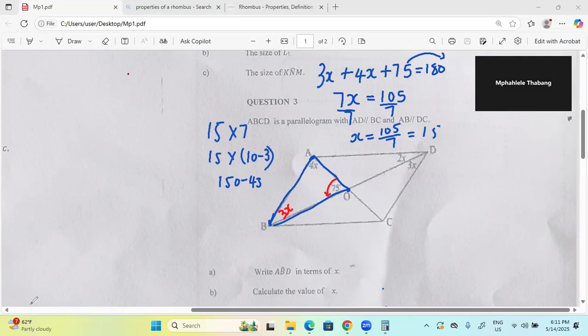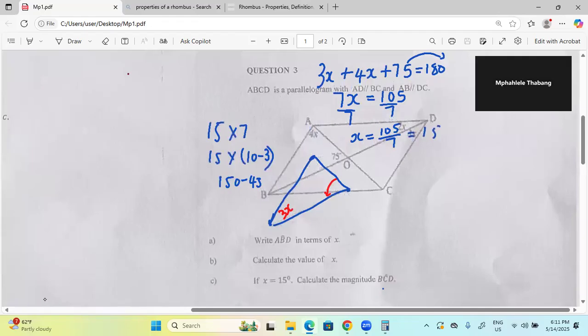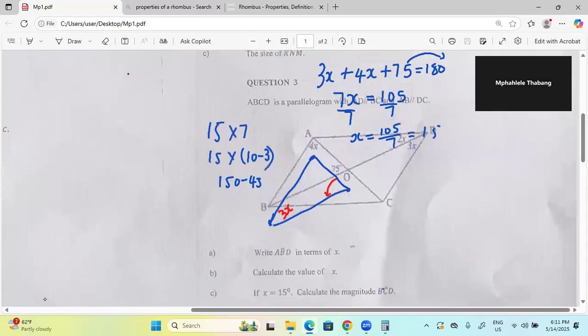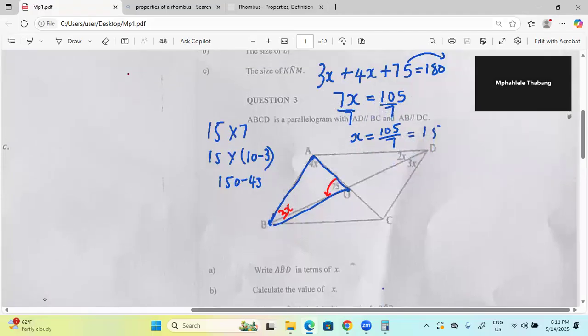So what is he saying? Let me go back to the question. If x equals 15, find the magnitude of BCD. Give us the size of the angle C in triangle BCD. He says BCD, so he's looking for angle C in triangle BCD.